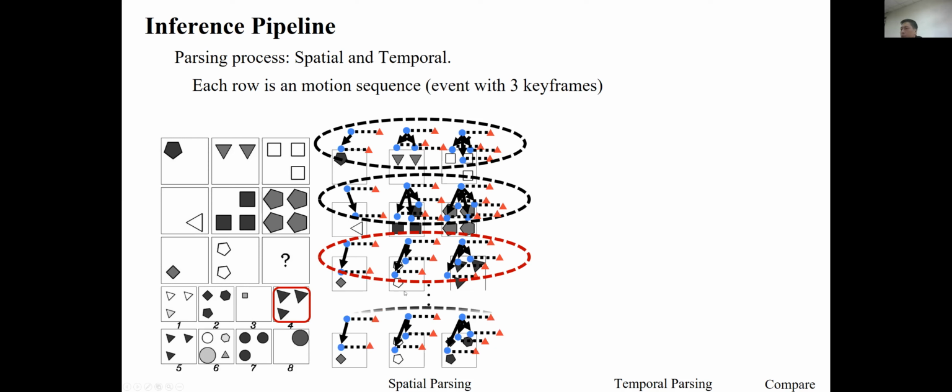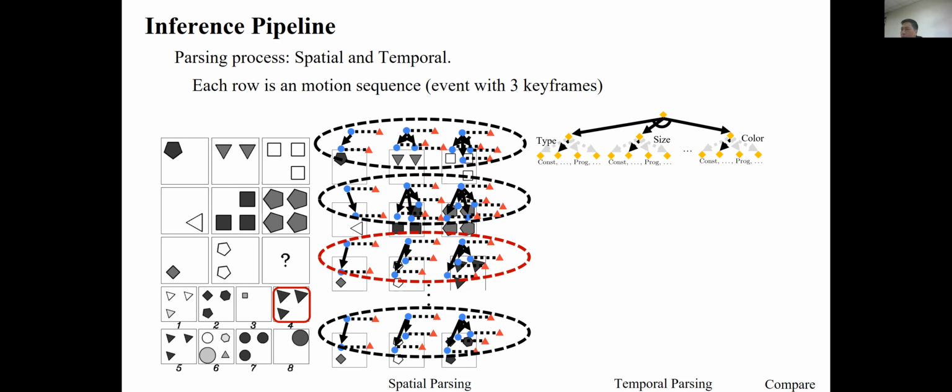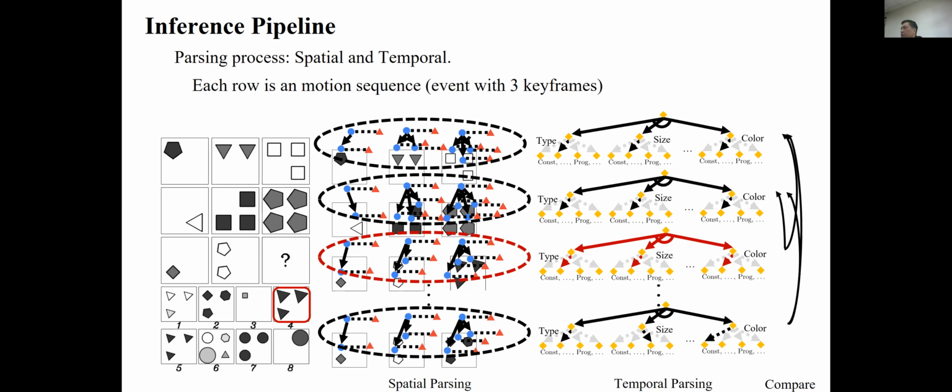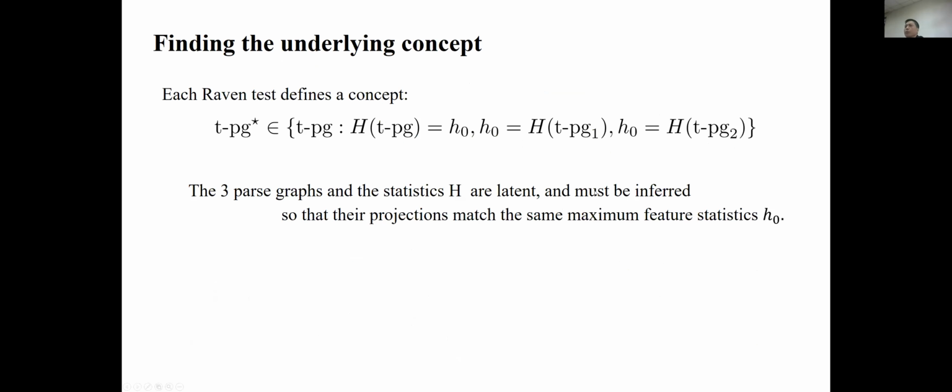So this is the process where we optimize this parse graph on the fly to learn what the concept is, and then you find the correct one that fits with the other two, and then you have a coherent representation. So suppose we pose this problem as finding the underlying concept of this problem.